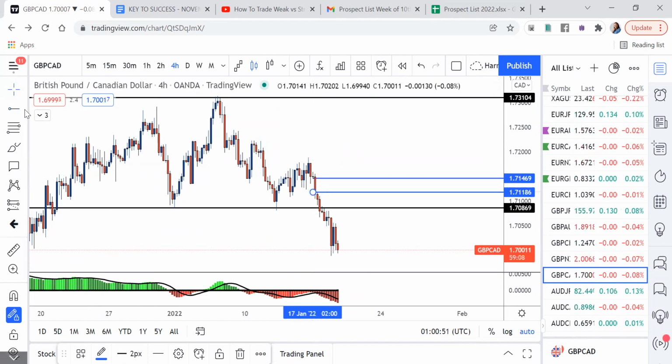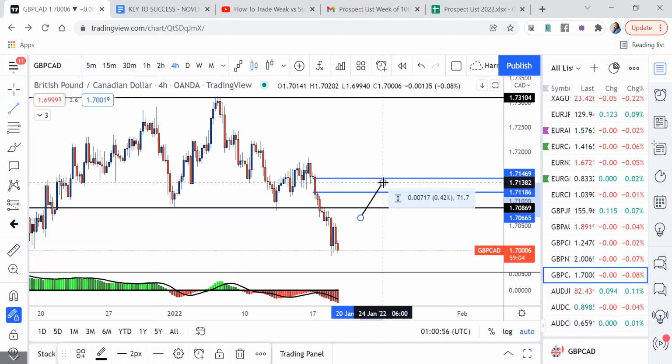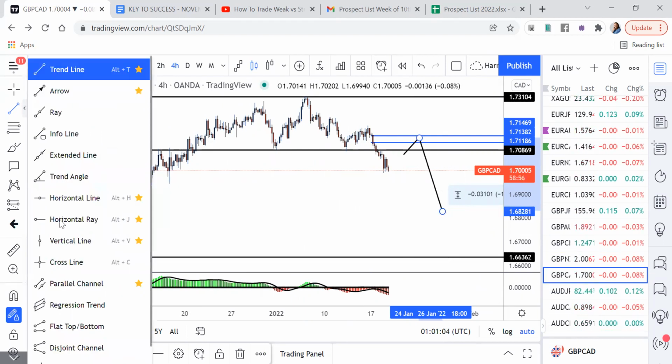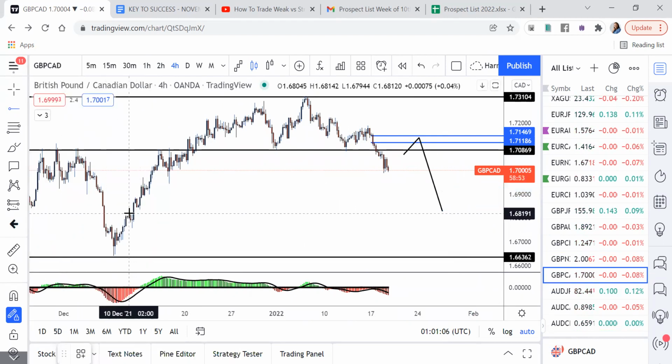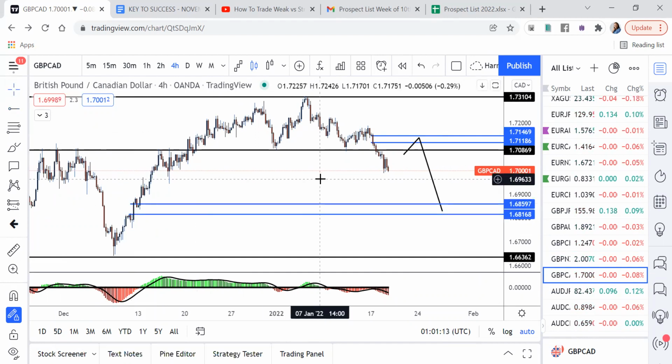So analysis for GCAD: wait for this, take this out, come to here, right? All right, that's the setup there for GCAD.